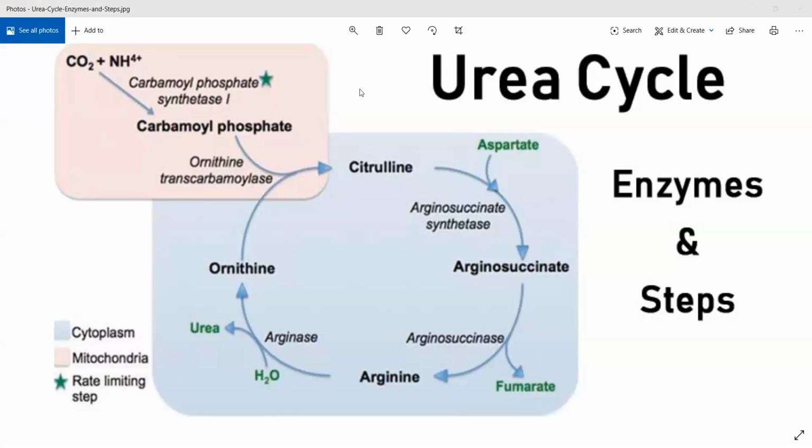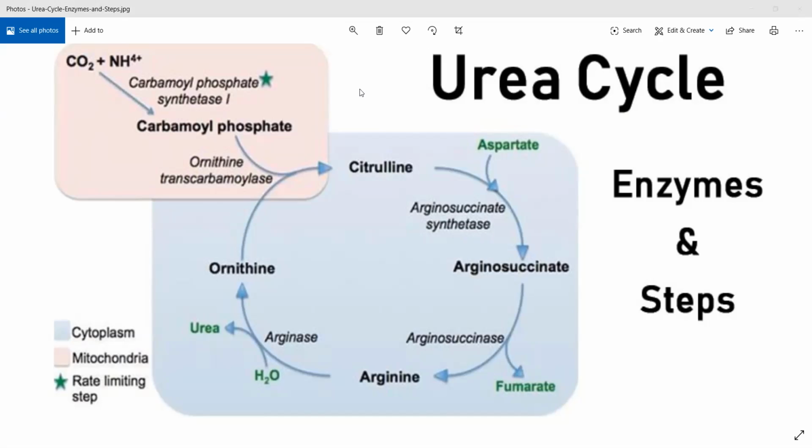Aspartate is the first amino acid that will come in contact with citrulline. In the presence of arginosuccinate synthetase, it will form arginosuccinate.